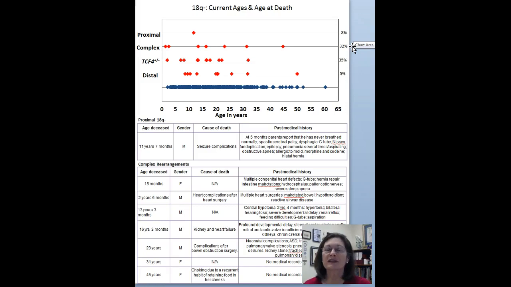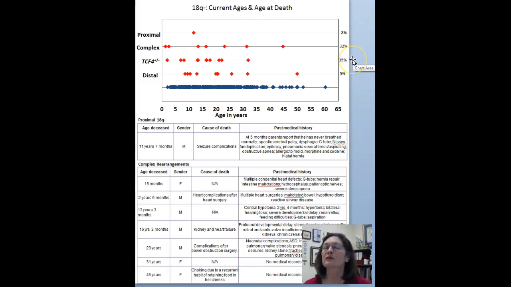So they don't have just 18Q-, they have 18Q- and 3P+ or something, or even 18Q- and 18P+. In that group that are more complex genetically, 32% have passed away. And in the group with TCF4 deletions, 35% have passed away. And on the next slide, you'll see the cause of death of most of those individuals.